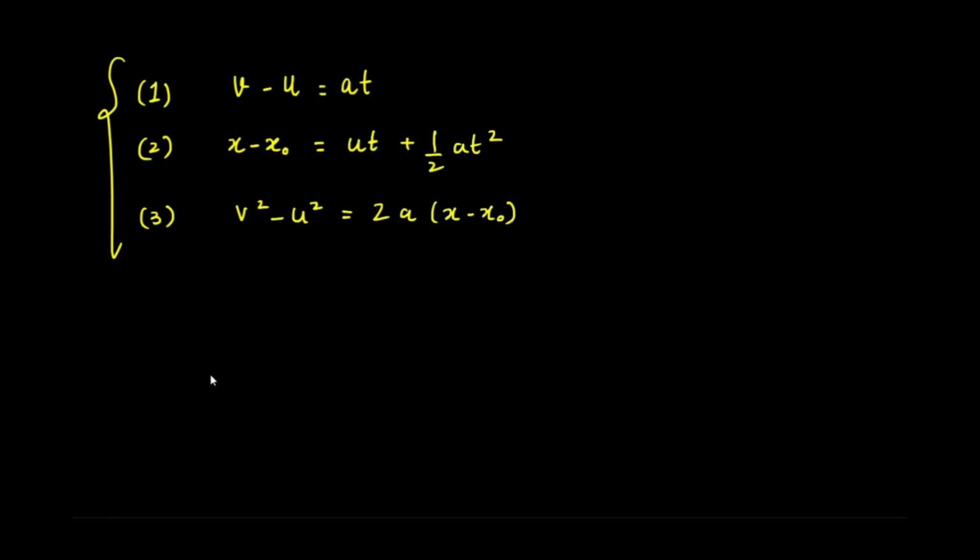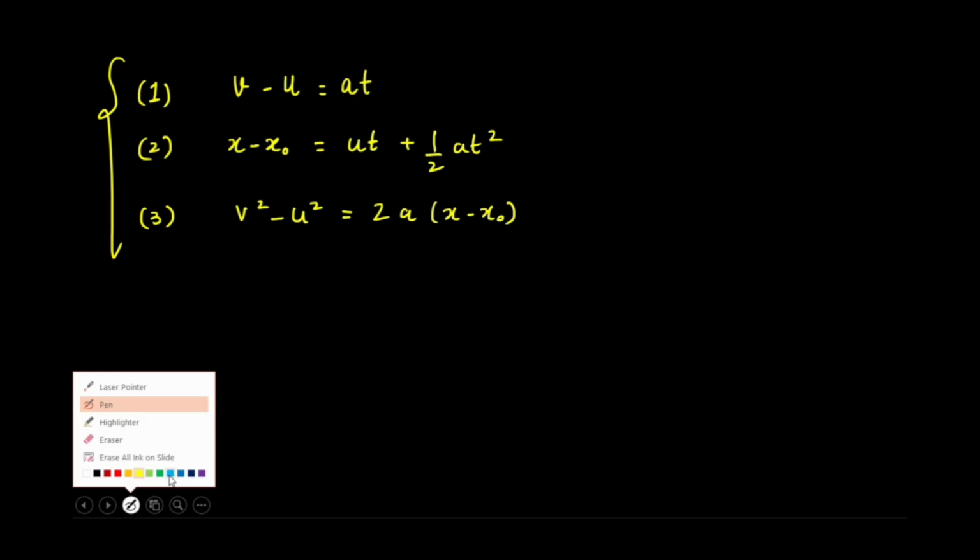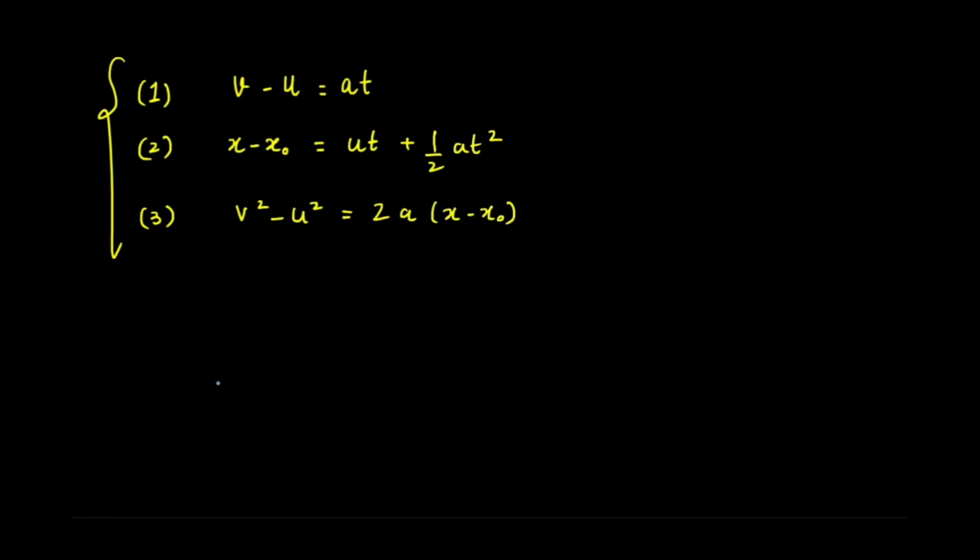Now let us try to understand how these physical quantities are actually used to represent the motion. So I assume that there was a particle or a car moving along this horizontal road, and the initial point of the journey of this car is supposed to be the origin.